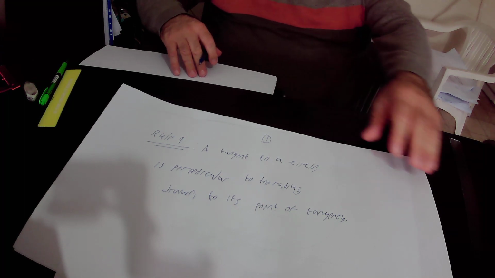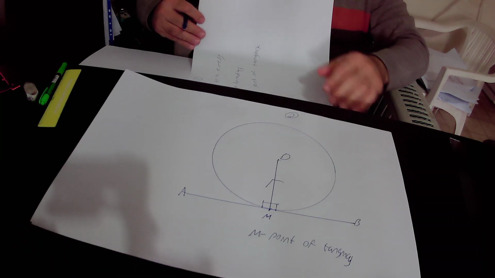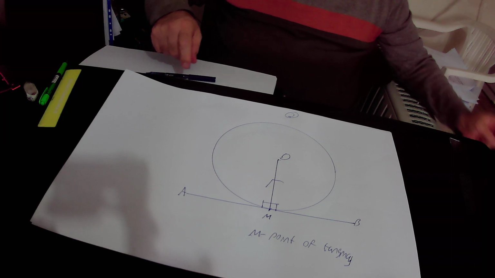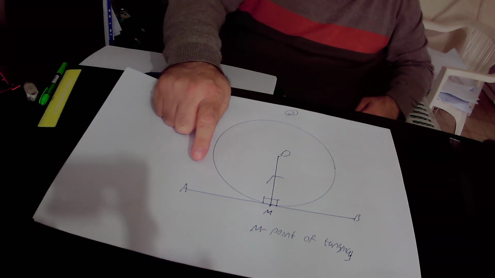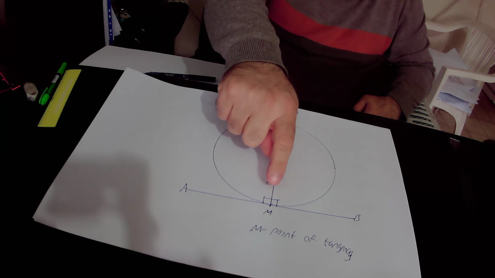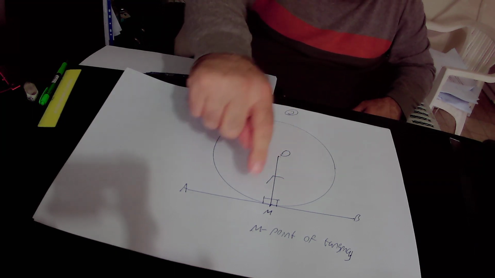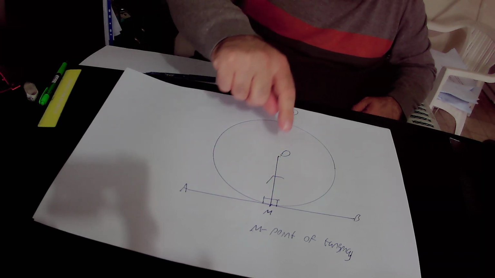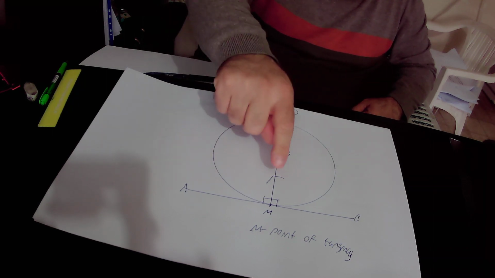So here you can see that the tangent AB is tangent to this circle at point M, and we have the radius OM, drawn to the point of tangency, that is to say it is drawn to point M, the point of tangency of tangent AB with this circle.